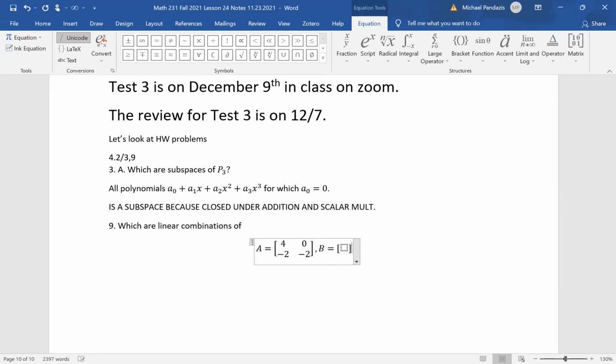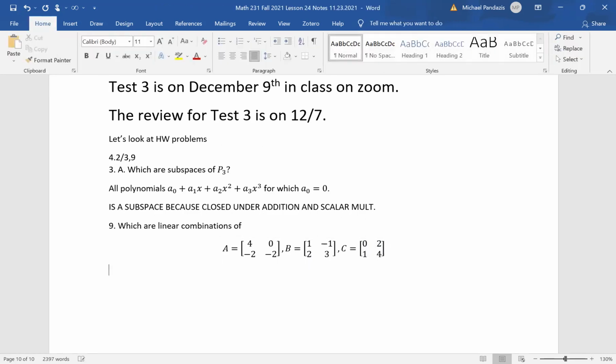B is equal to the matrix 1, -1, 2, 3. And C is equal to that matrix. Okay, so we want to talk about which are linear combinations of those.